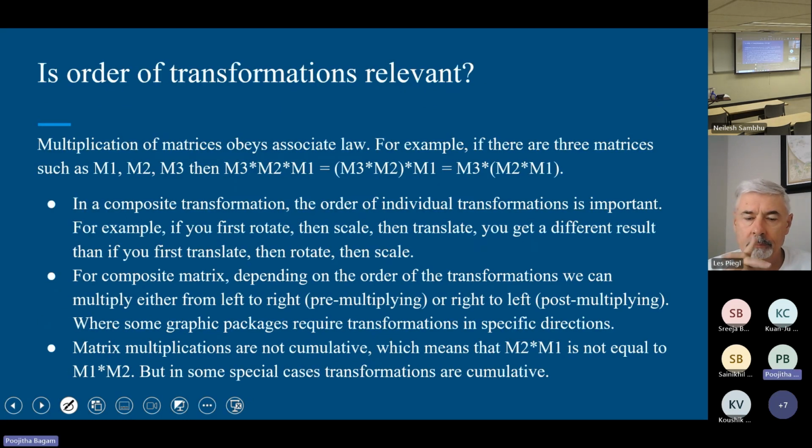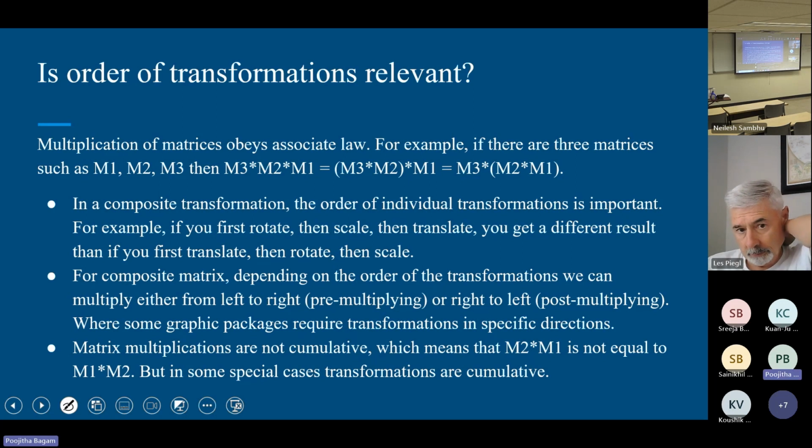So let's see whether the order of transformations is relevant or not. In homogeneous coordinates, the representation of transformations using matrices is simplified. So we can represent translation, rotation, scaling, and shearing, different transformation operations, in a consistent manner.